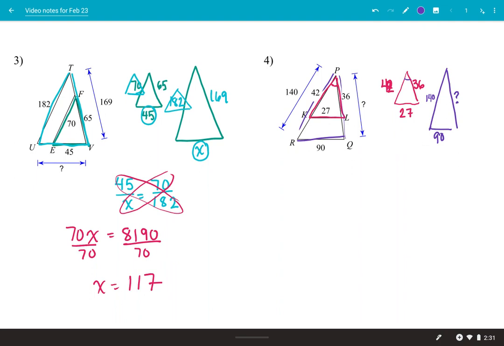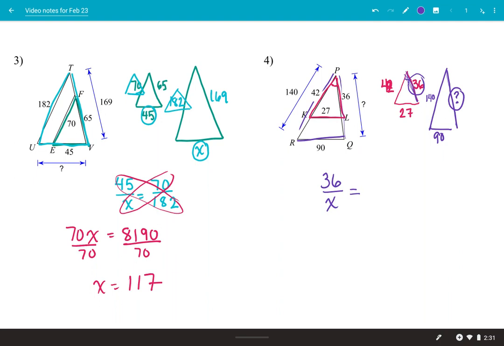So here we do see that 36 is the medium size. So 36 is your medium. I'm going to say the question mark is probably going to be your medium. So I'm going to circle it because I am going to do that one. And then you're going to pick any side.